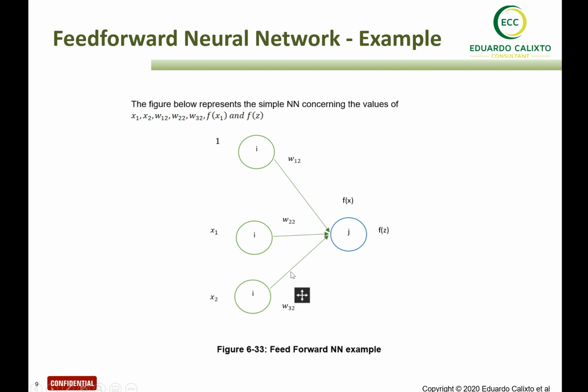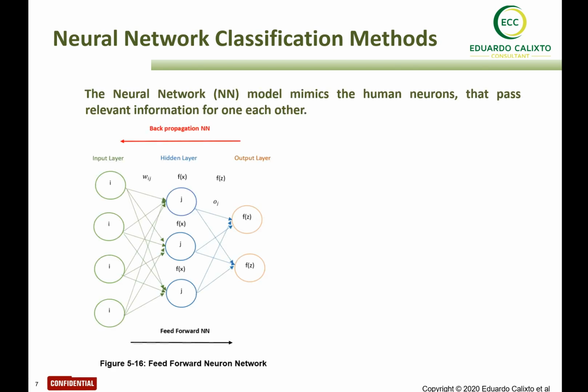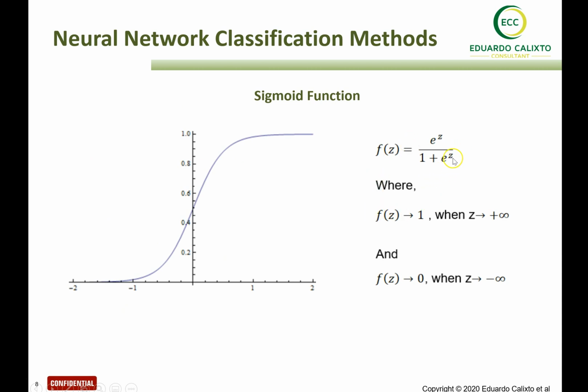And then I have the fx. Then based on this fx, I will input it in the fz function, and then I will get my classification. So basically, when I look at my sigmoid function, this z value is equal to fx.